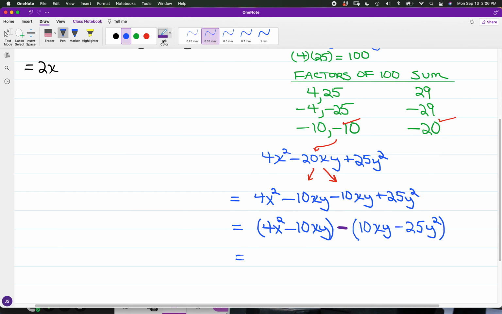Drawing out the greatest common factor, between 4x squared and negative 10xy the highest term that goes into both is 2x. Taking 2x into 4x squared minus 10xy, we have 2x minus 5y.